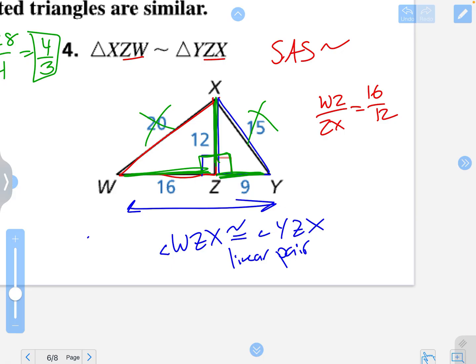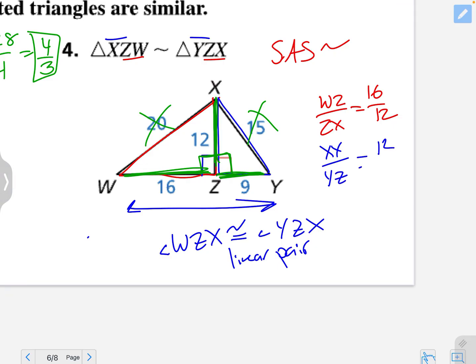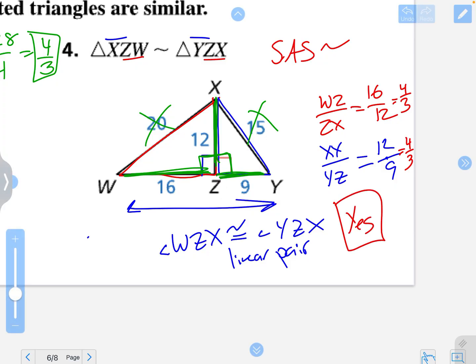And then I need XZ over YZ, which is 12/9. I know I can divide those by 4, which gets us 4/3. I can divide those by 3, which gets us 4/3. So yes, they are similar because of side, angle, side.